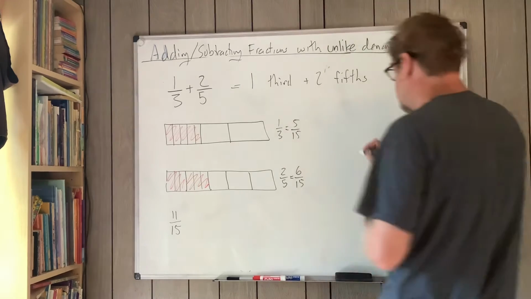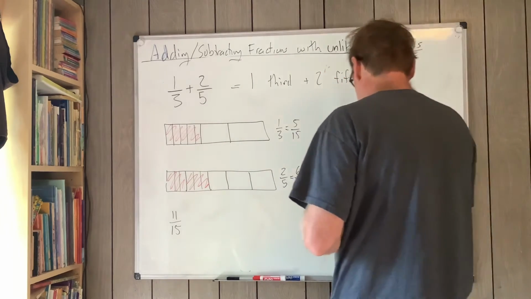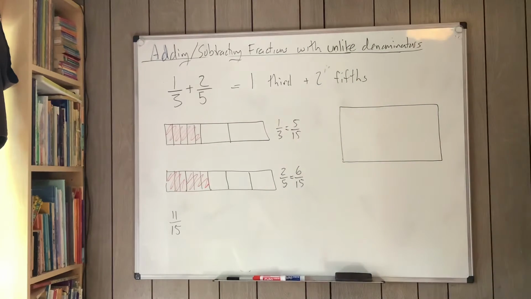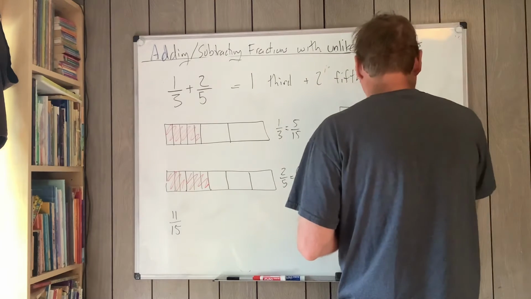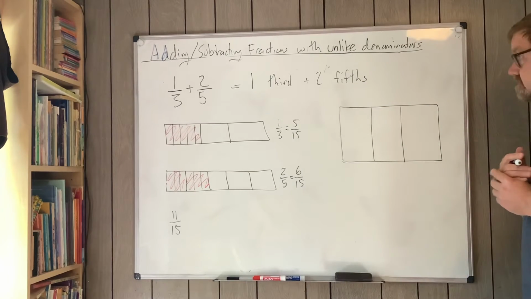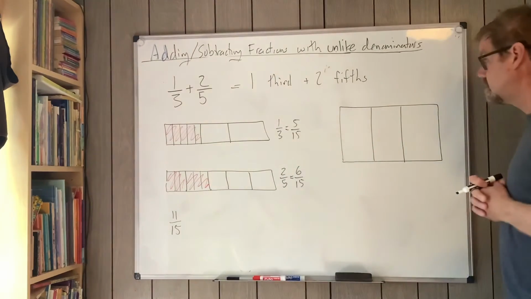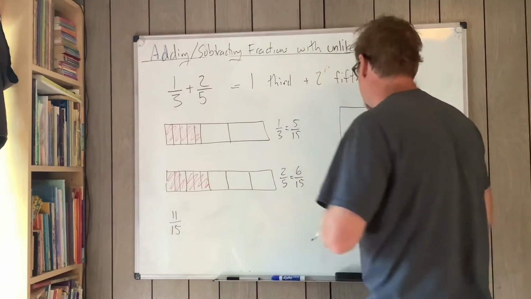Now, the other way to do this, and I think sometimes a little bit easier to see, is the subdivided area model. I'm going to start in thirds, so I've got a bigger box. So there's a third.